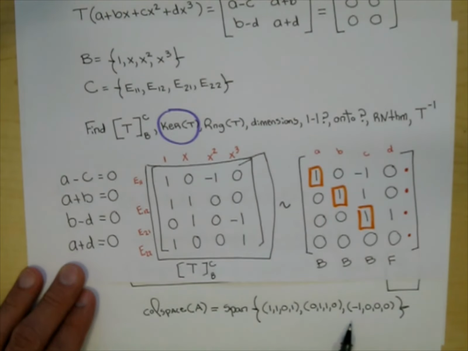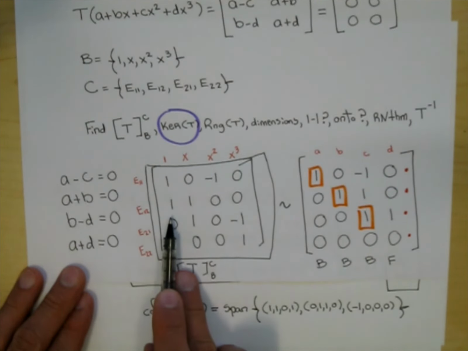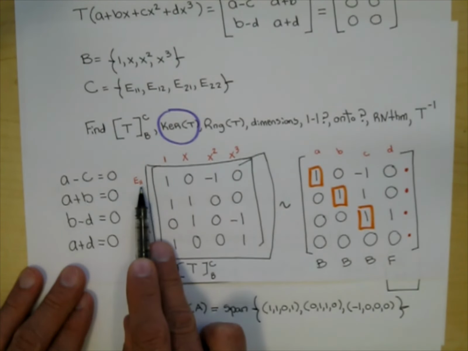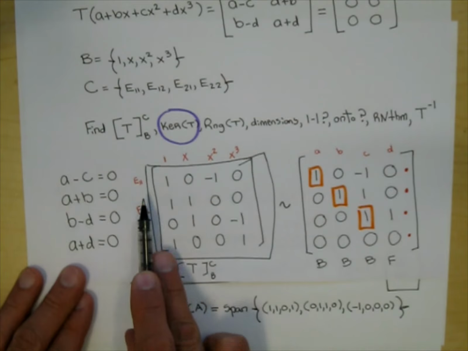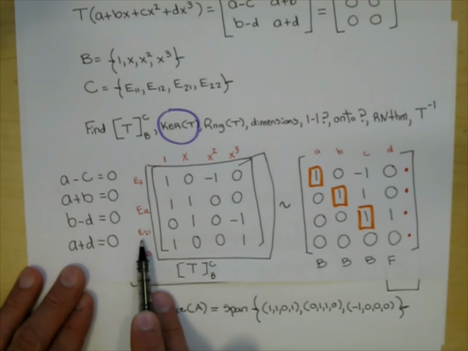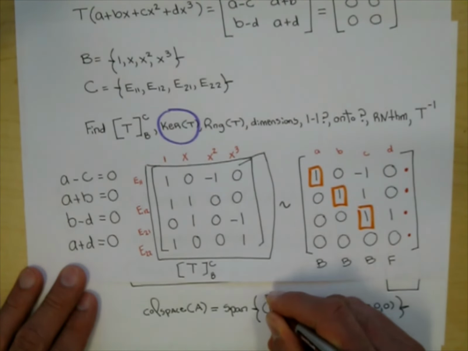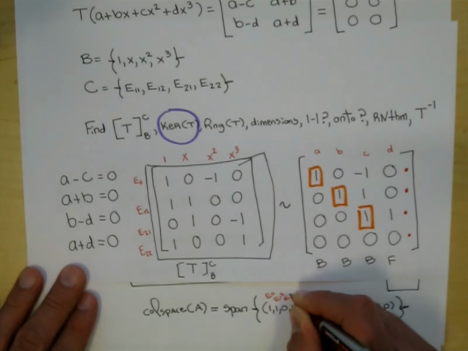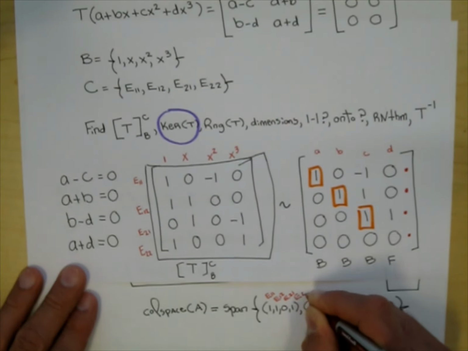Now that's not my answer, and that is not the range, but it's going to help me get the range. And notice, this is 1, 1, 0, 1. It's like 1 times E11, 1 times E12, 0 times E21, and 1 times E22. That is what this represents. So this is E11, E12, E21, E22.